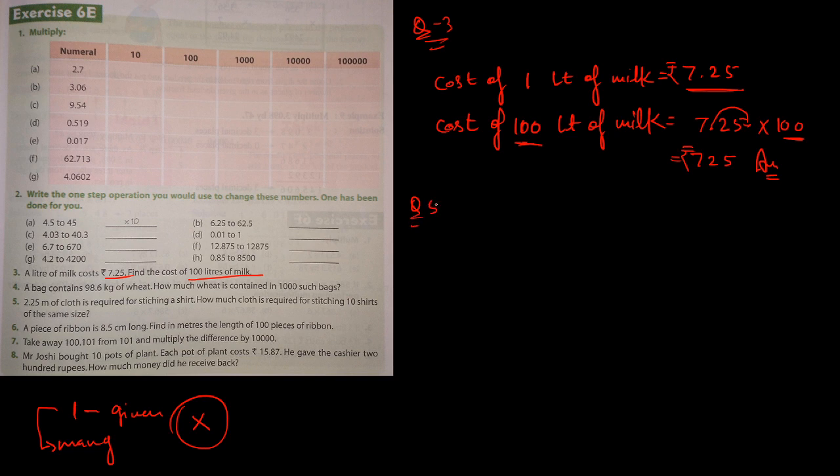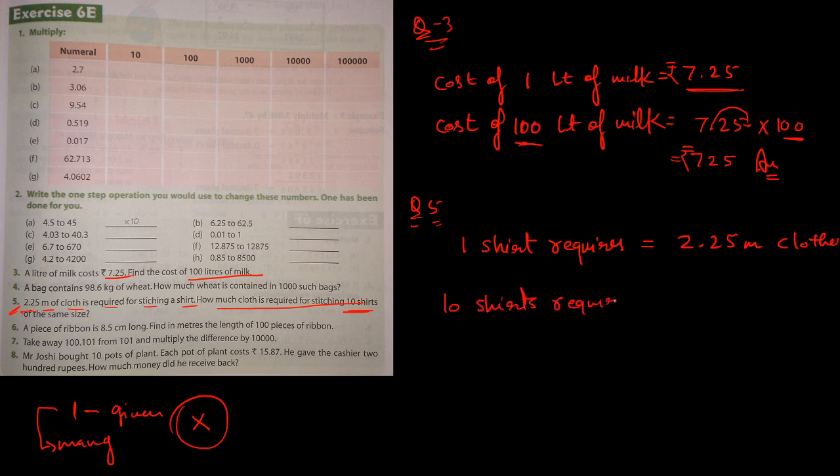Now let us do question 5. Question 5 says 2.25 meters of cloth is required for stitching a shirt. So one shirt requires 2.25 meters of cloth. How much cloth is required for stitching 10 shirts?